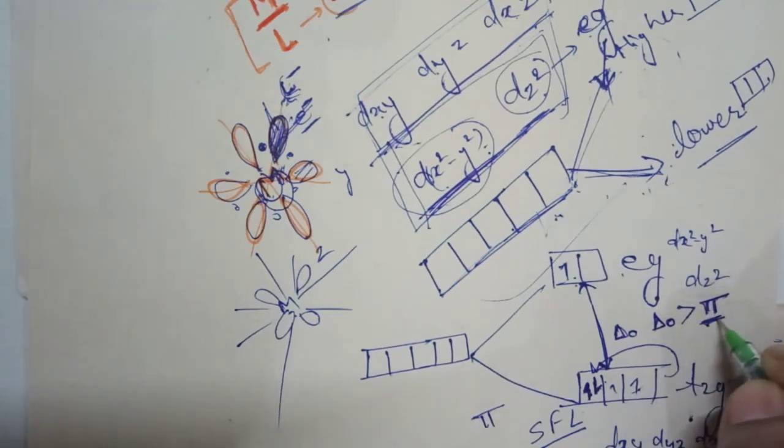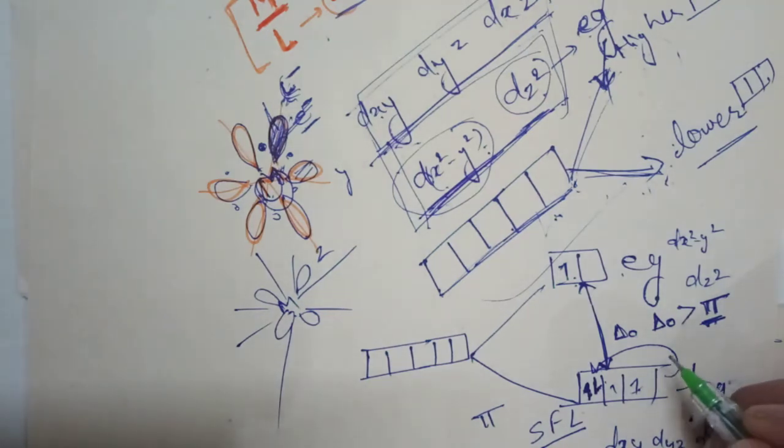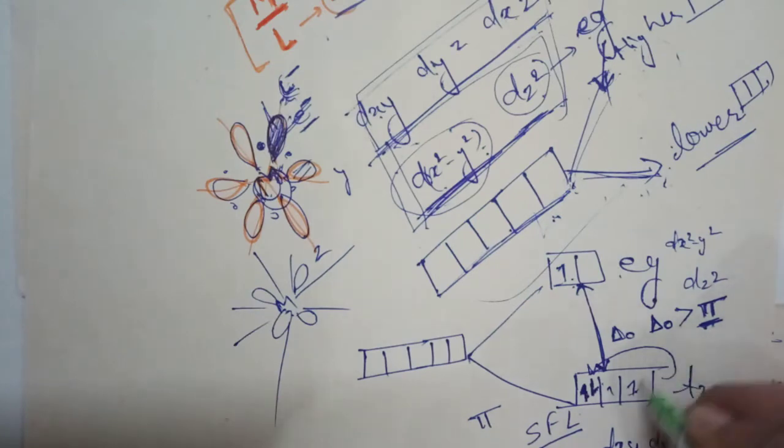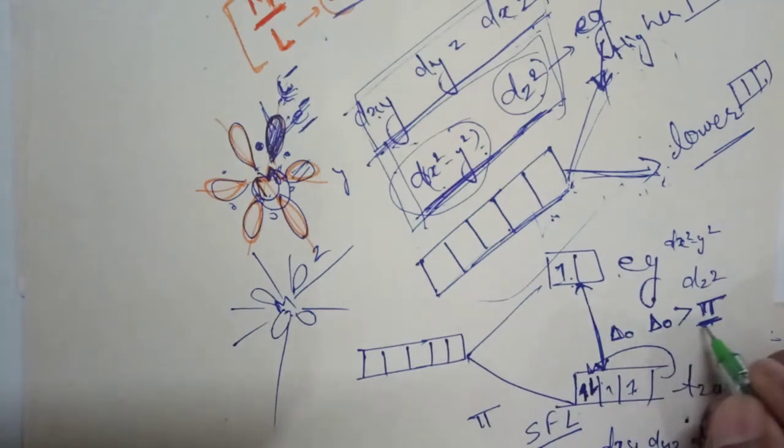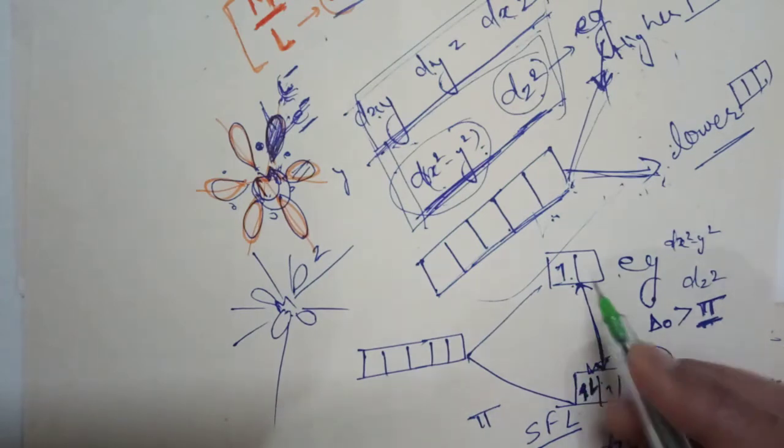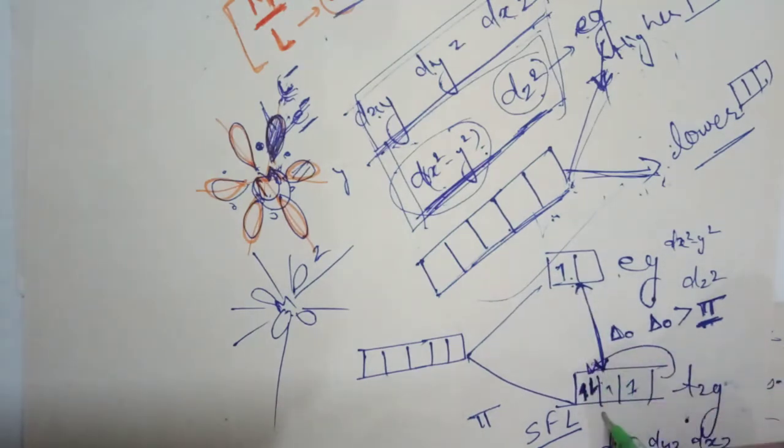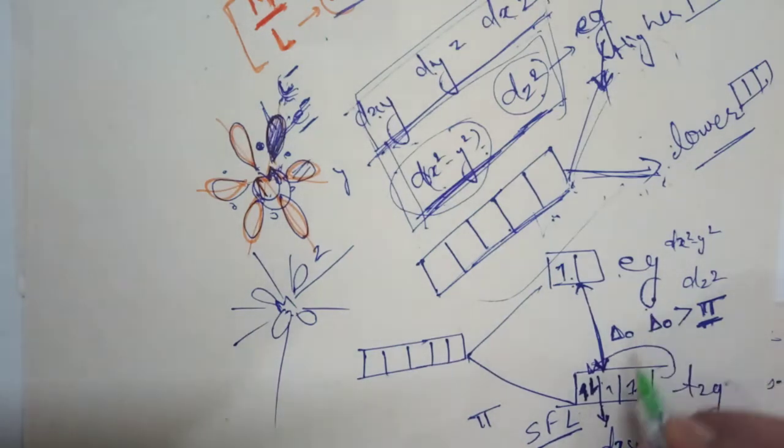P means pairing energy. Electrons want to do the easy task, means where less energy is required, that work is done. So pairing will be done and electrons will be filled in low energy orbitals. In these compounds in which strong field ligands are found, electrons are paired in lower energy orbitals.